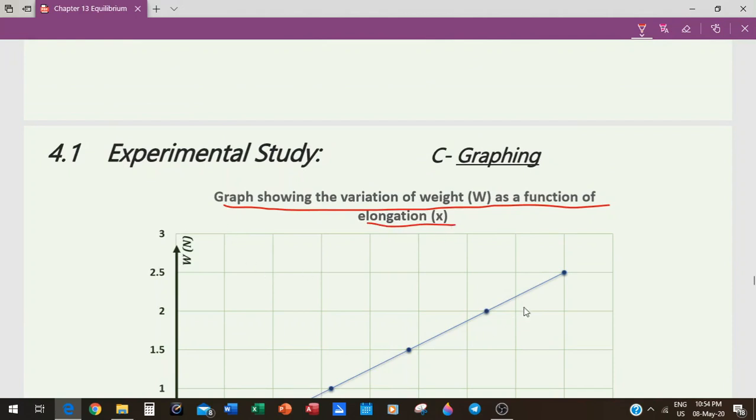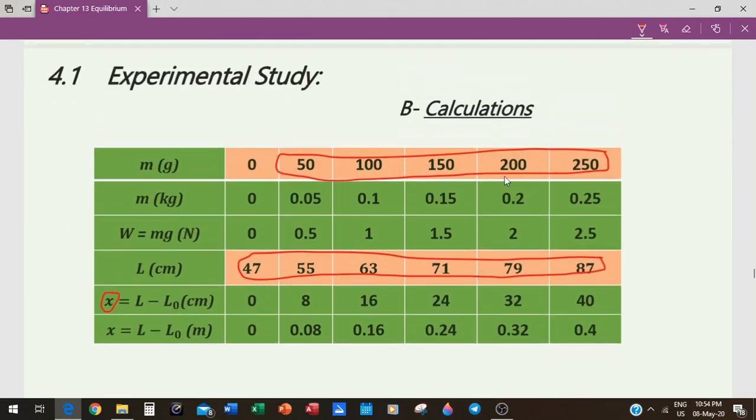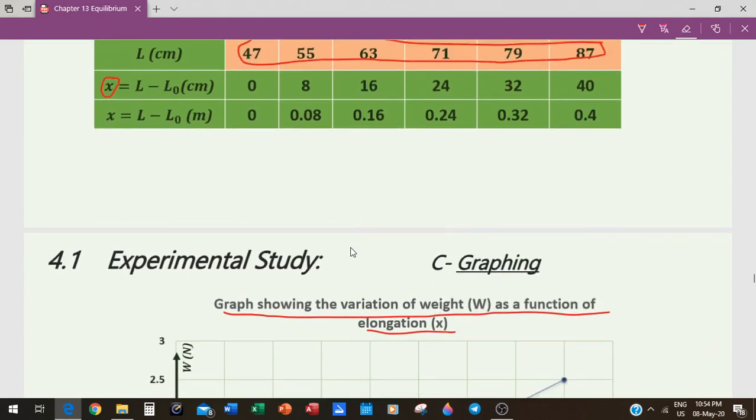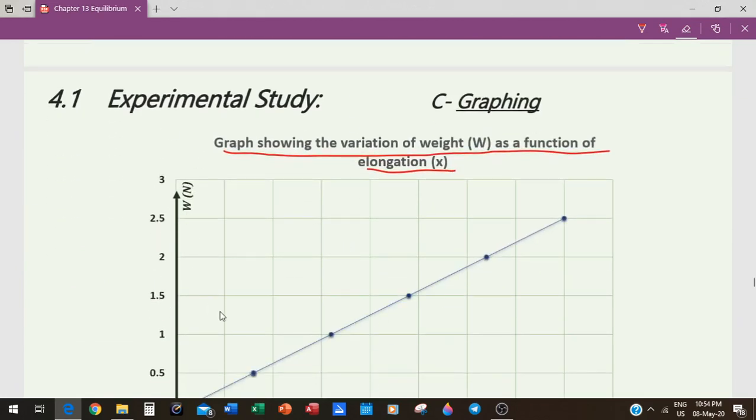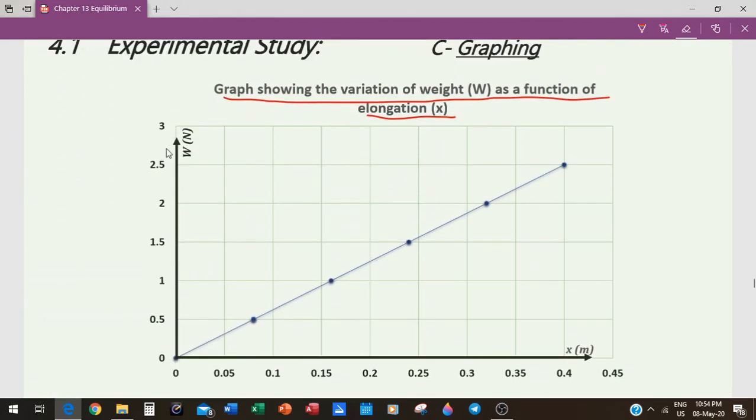So we take the weights, and we put them on the vertical axis, which is the y-axis, the axis of weight in newtons. As you can see, on the scale here, each unit is 0.5 newtons. We plot them here with their corresponding elongations.